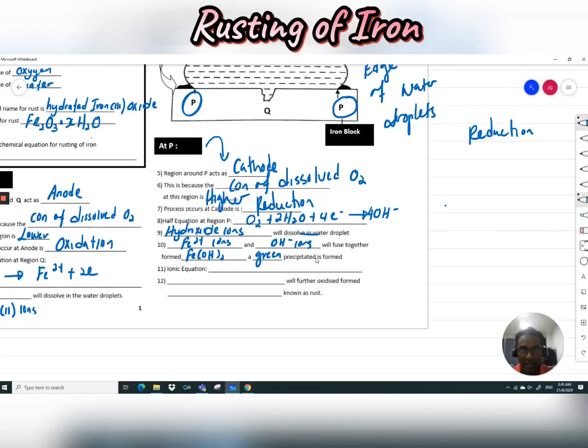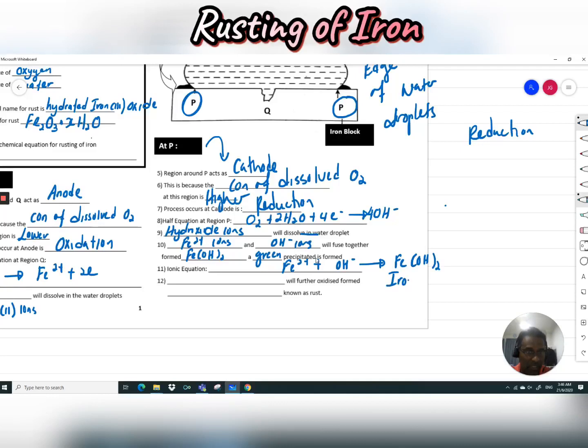So initially we will get a green color precipitate. And how to write the ionic equation for when the iron 2 ion combines with hydroxide ion? So I take Fe2+ combined with hydroxide ion. We get Fe(OH)2, iron 2 hydroxide.